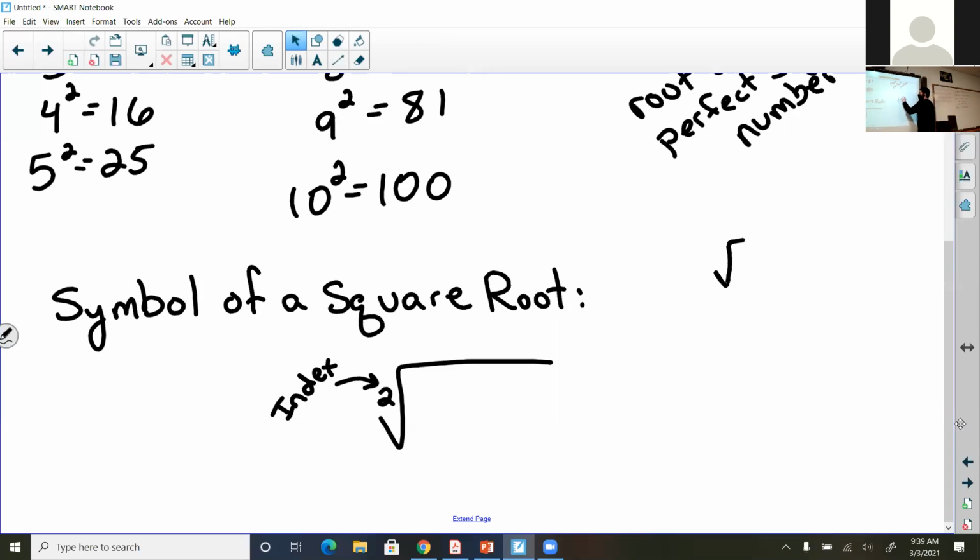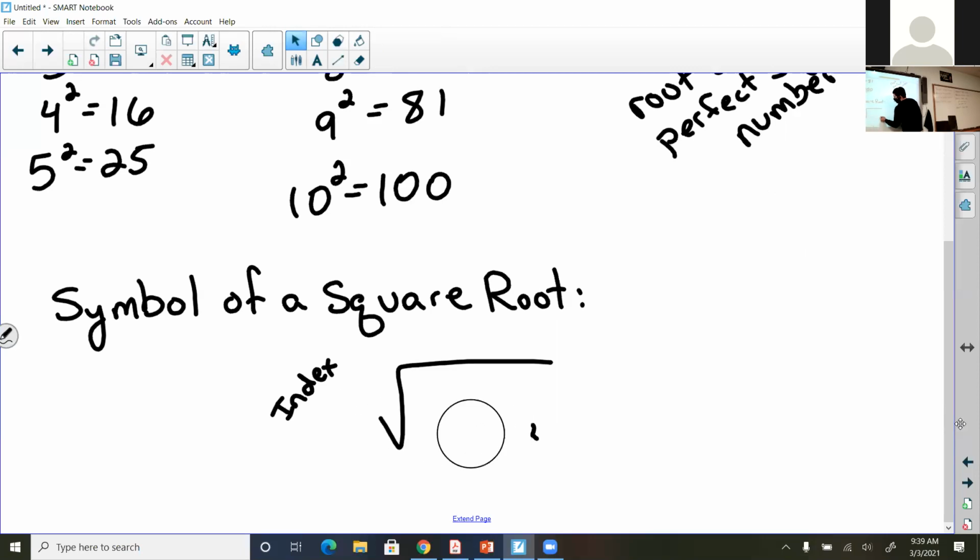So if I did something like the fifth root of something, let's say 32, then that's saying that I want to know what number was multiplied by itself 5 times to get to 32. So that's what this little number means. If you ever see a number there, it's not saying the square root, it's saying something like the third root or the fourth root. But we're not going to be talking about that. I just wanted to let you know what would be there if you ever saw that.